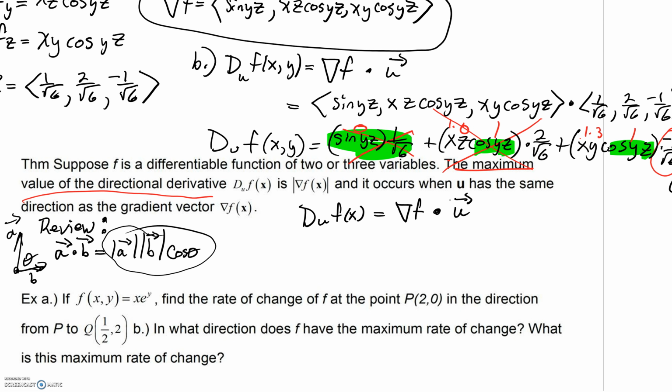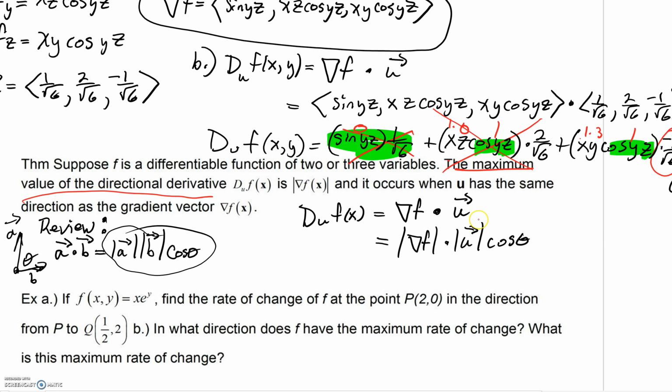Sometimes we wonder, why did we complicate things? Why did we turn something into a dot product? I didn't need it. Well, maybe it gives us a new way of looking at it. You could say, according to what we just saw in our review, this is going to be the length of the gradient vector, the length of the unit vector, times the cosine of the angle between them. Wait, what's the length of a unit vector?